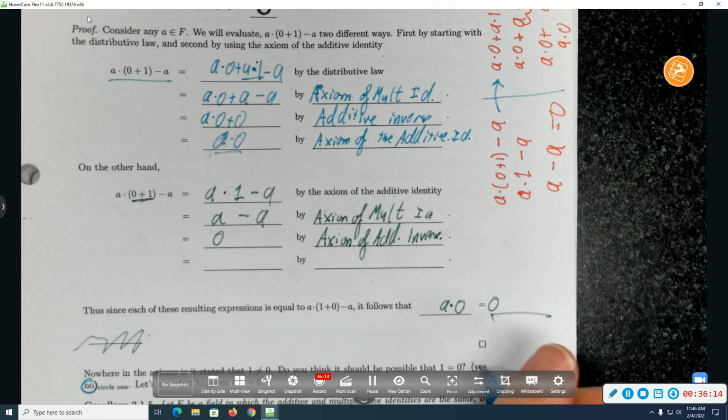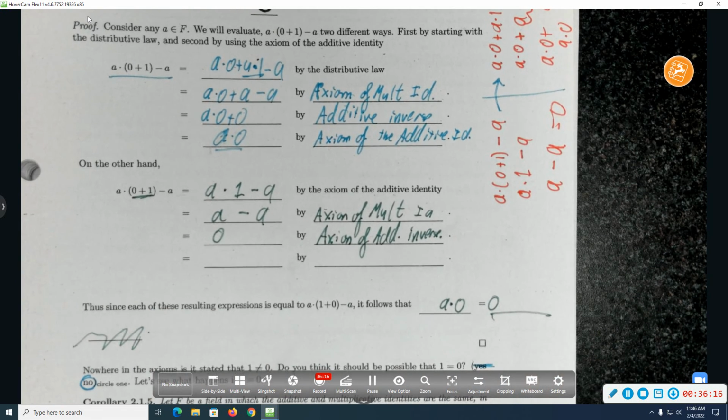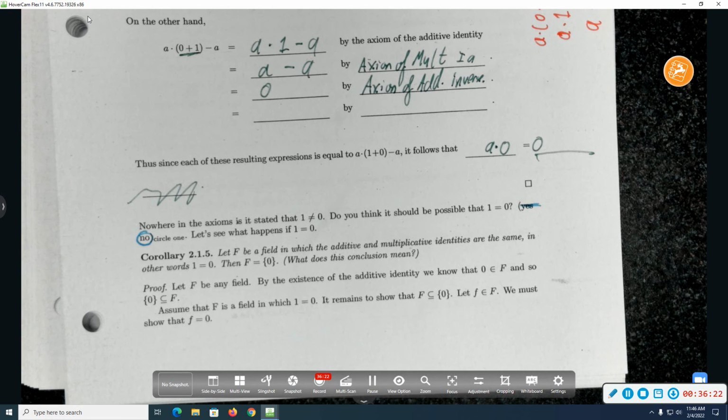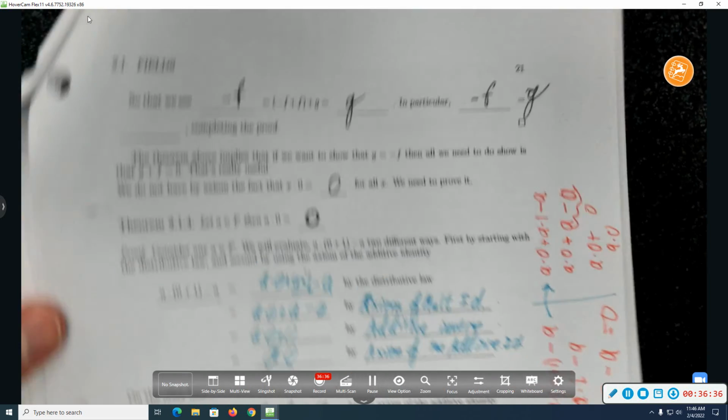So it better not be. But in fact, the list of axioms that we had just for field allows for one silly thing. Let's think about the field that contains only 0. And let's just see if these properties hold.